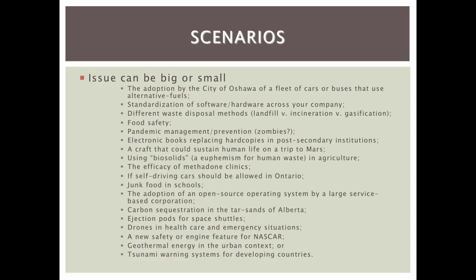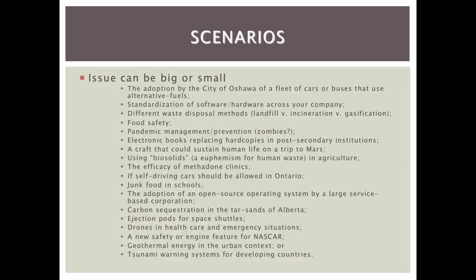You could look at electronic books replacing hard copies. My example that I've used a few times here: trip to Mars, biosolids, which kind of grosses me out, but hey, maybe that's the answer for some company seeking to, maybe it's a waste company, maybe it's a farm company. You could do an analysis.